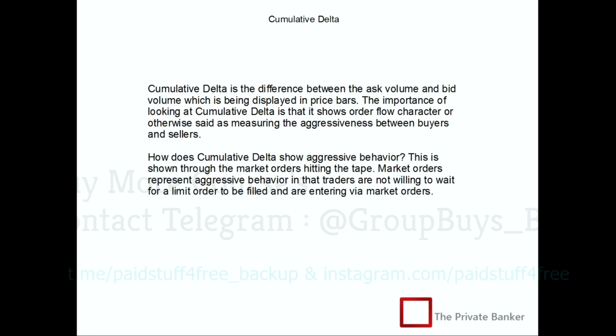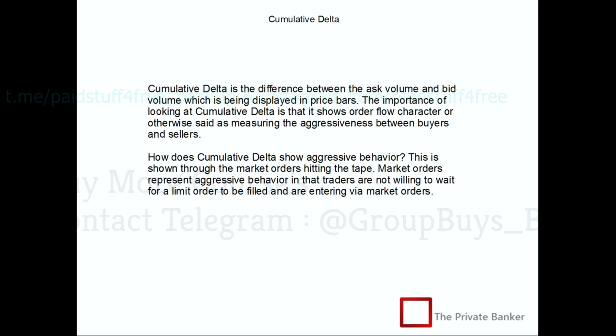And also, if a seller wants to really sell the market down, that would be seen as hitting the bid, for example. So sell market orders will fill on the other side of the market, at the bid. Contrary to that, buy market orders are going to fill on the offer, so at the market, the best price available, which would be the other side of the tape.